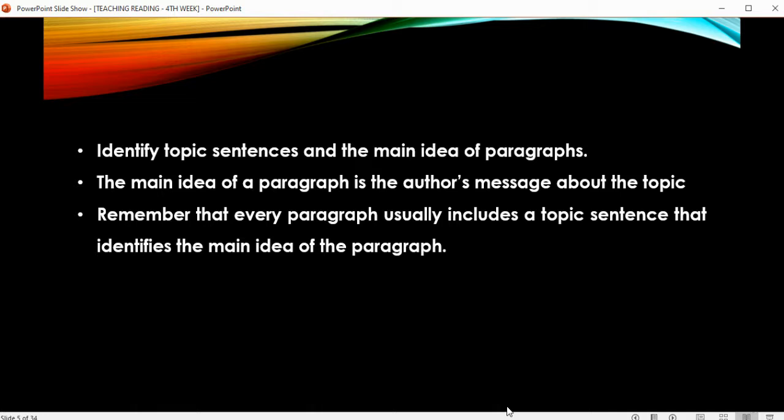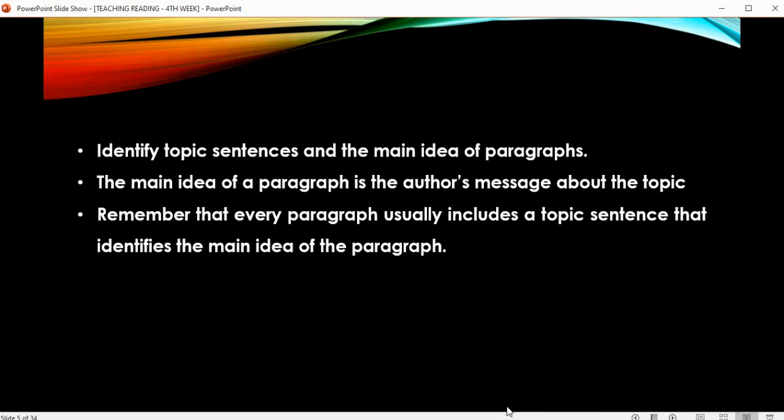Then we have other exercises related to this stage. One of them is identify the topic sentence and the main idea of paragraphs. Remember, the topic sentence is the main idea in each paragraph. All right? So we are going to develop some exercises in order to make our students find the main idea of each paragraph.